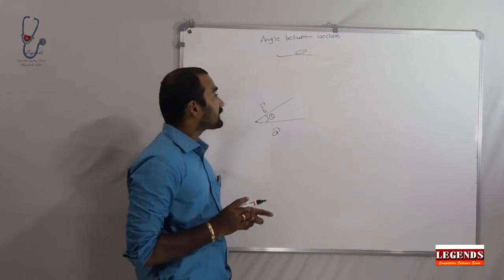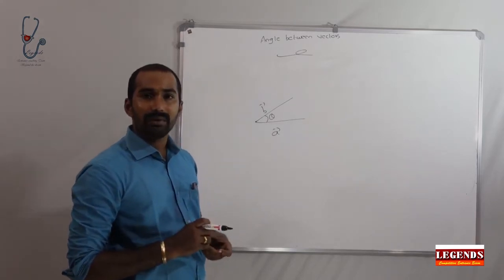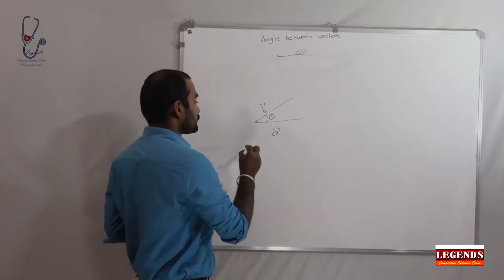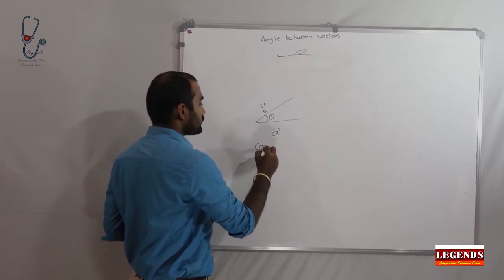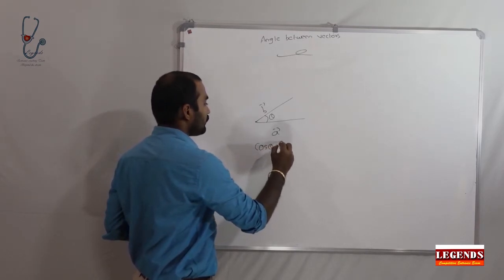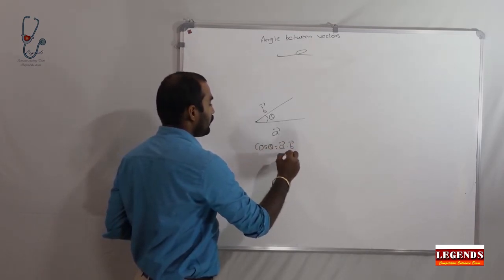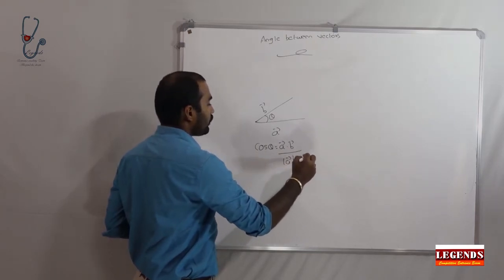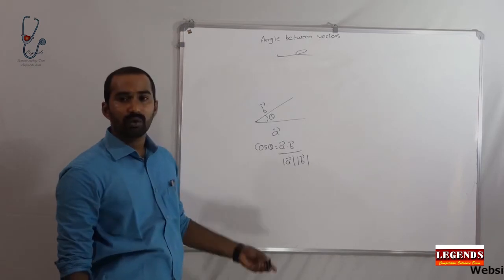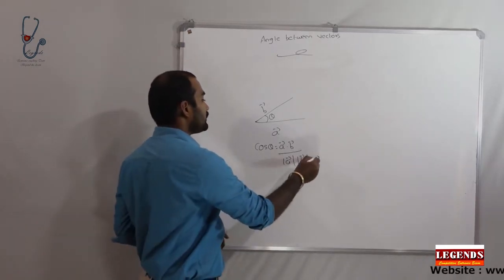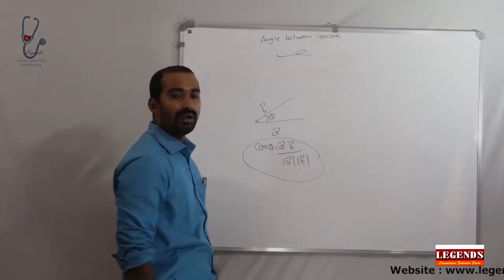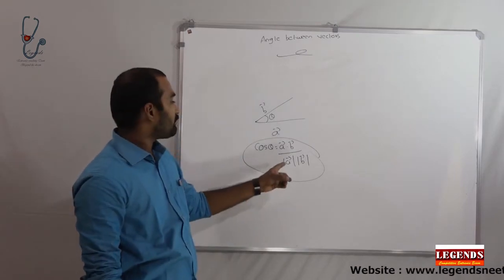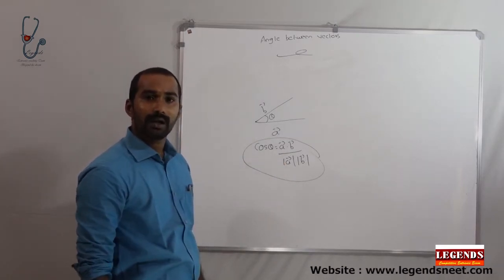Now I discuss how we can find the angle between two vectors using cos. The equation is cos theta is equal to A vector dot B vector by magnitude of A into magnitude of B.